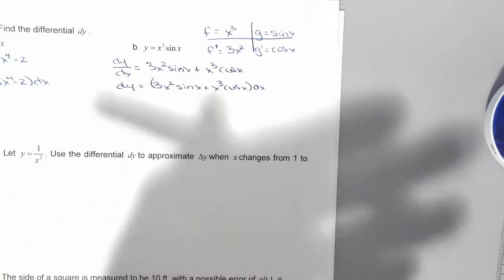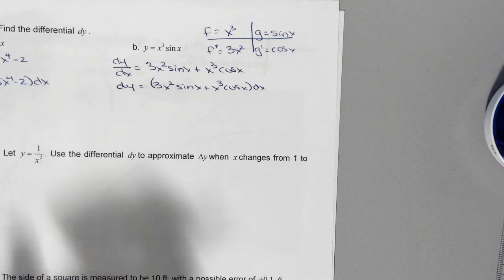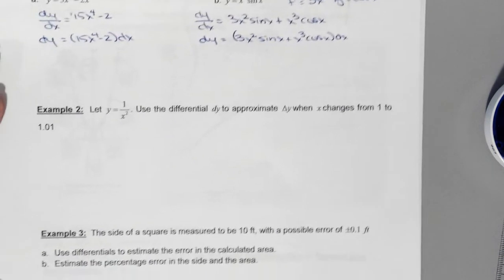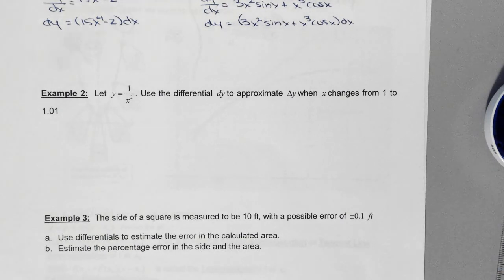Okay, all this was just practice, because now we're actually going to apply it. If I told you, which I did, that dx represents any change in x, and dy would represent any change in y, we want to use a differential to approximate the change in y when x is currently sitting at 1 and is going to change from 1 to 1.01.